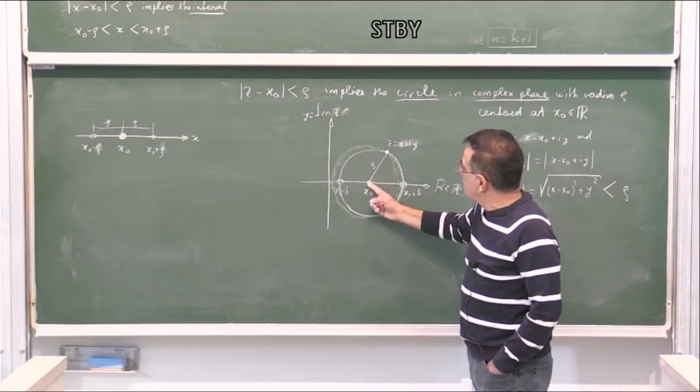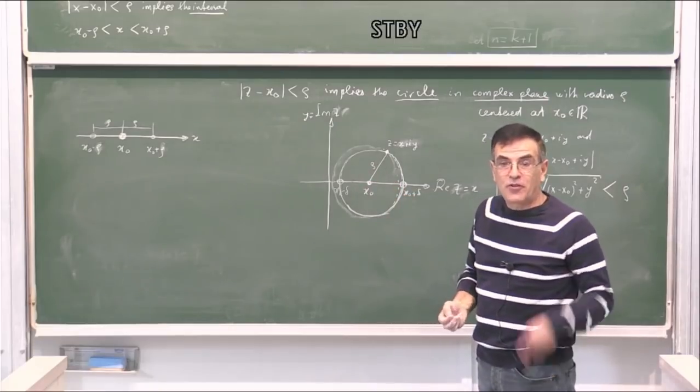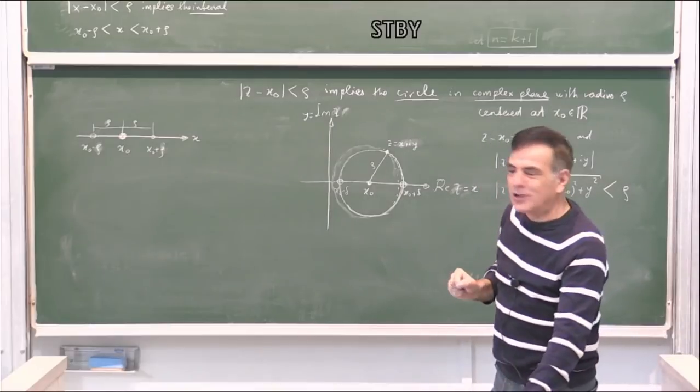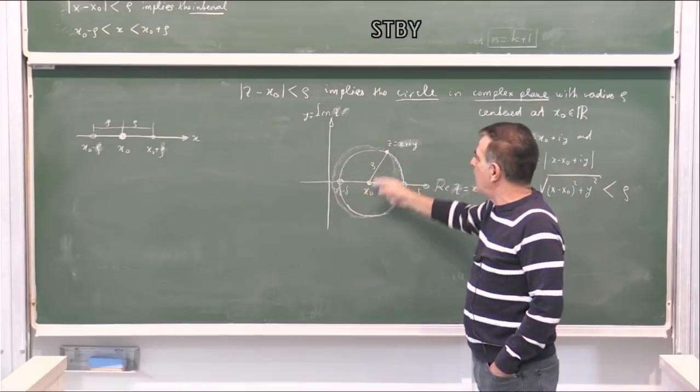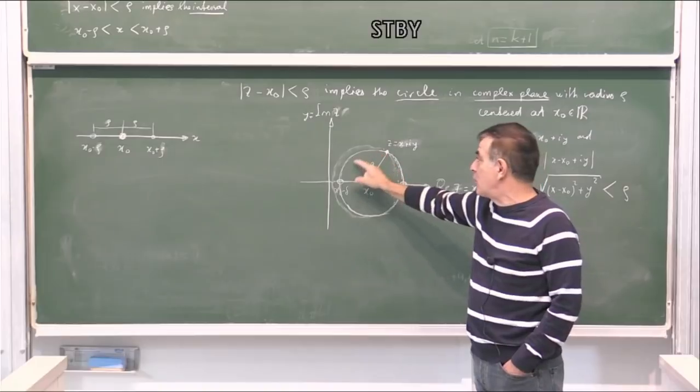And this shows why the term radius is used for rho in the term radius of convergence. In general, in the complex plane, rho actually stands for the radius of this circle.